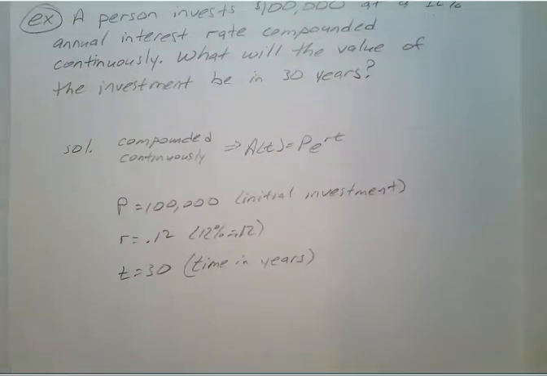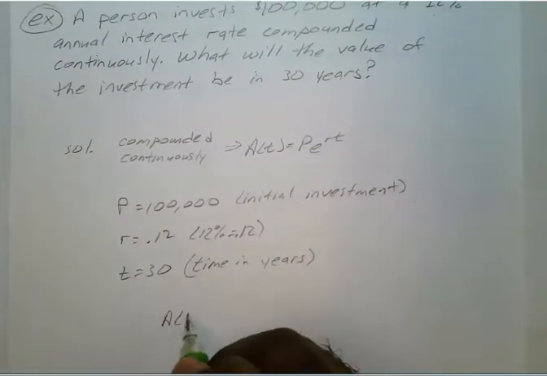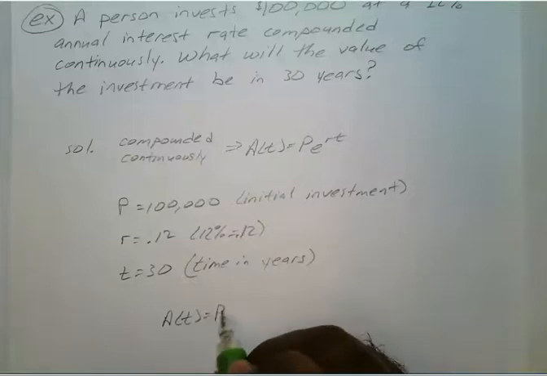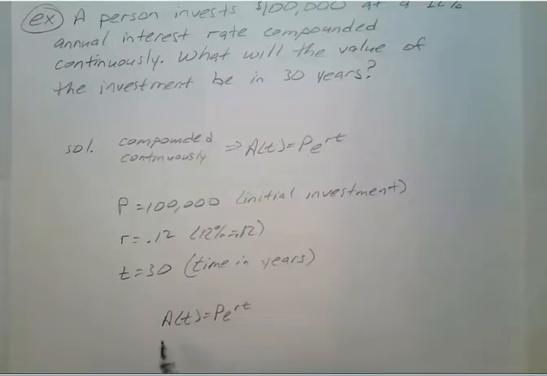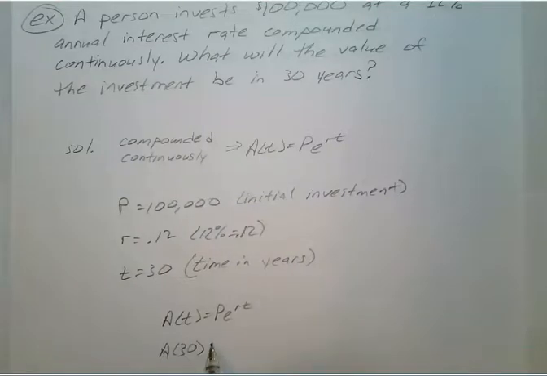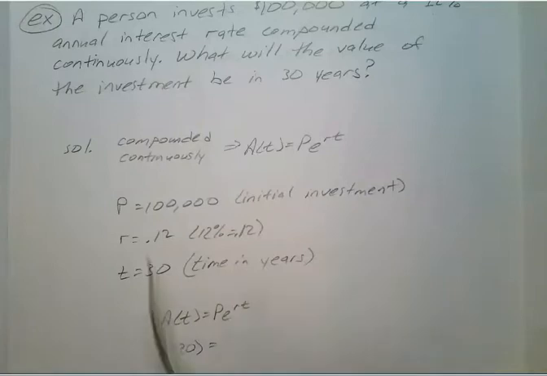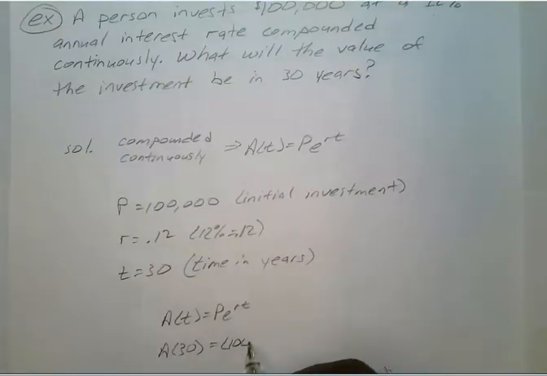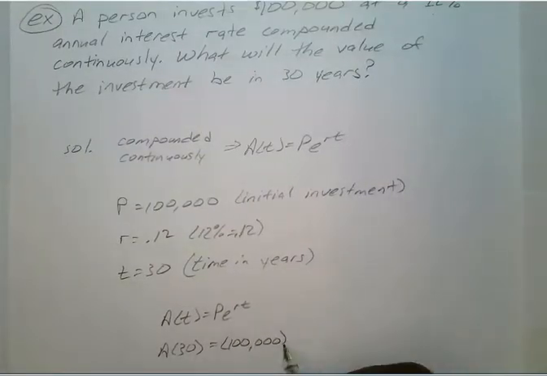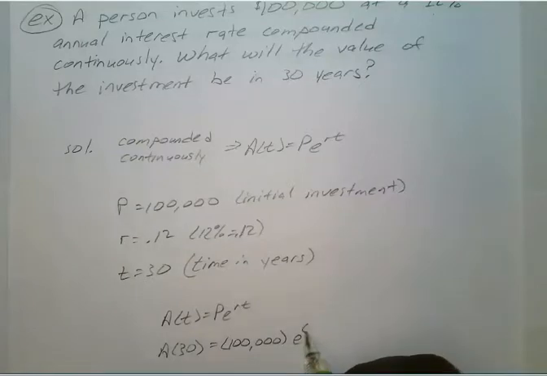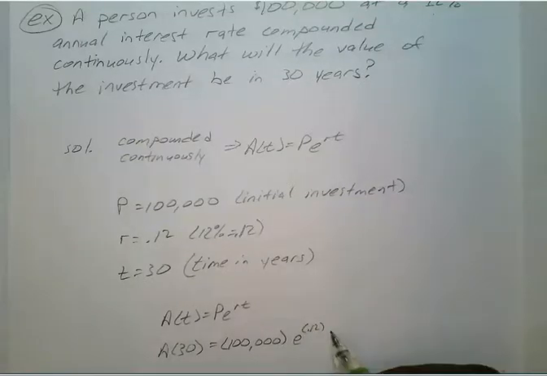Okay, so now we just plug everything in. Our A of t is equal to PE to the power of RT. So that means after 30 years, it's going to equal our principal. Let me write the actual principal in, which is 100,000 times E to the power of 0.12, which is our R, and 30.